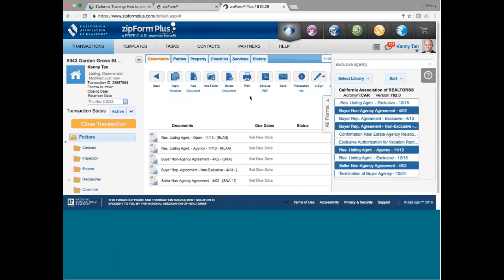Do you have to be the listing agent in order to make the transaction work for your buyer? You don't have to be. You can actually sign a seller non-agency agreement where you only represent the buyer, you don't represent the seller. The seller is basically unrepresented. It can be done. Okay, so this is the form that you might want to use.